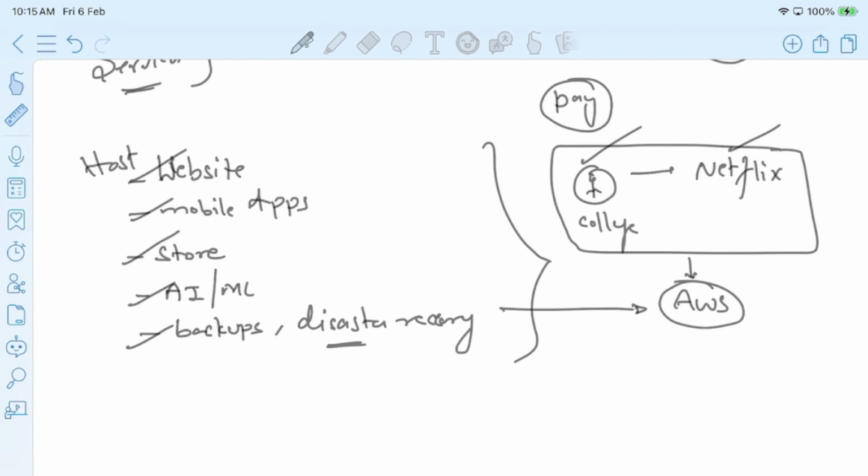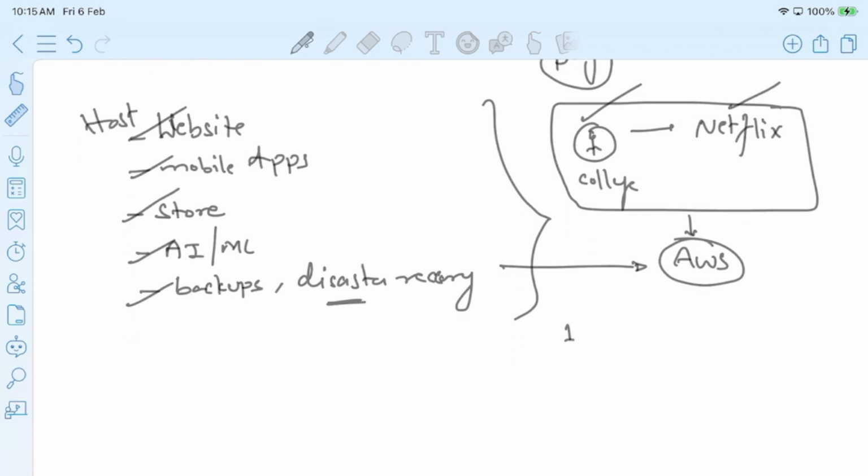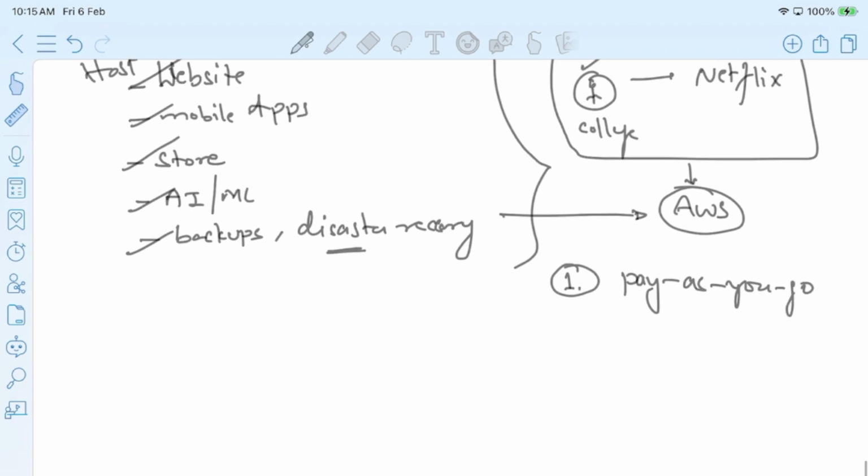Now, what are the advantages of AWS? Why do we need to go to AWS? The first advantage is that it is a pay as you go model. What do you mean by this pay as you go model? Let me take one simple example. Let's say this is me, and I'm using Uber.